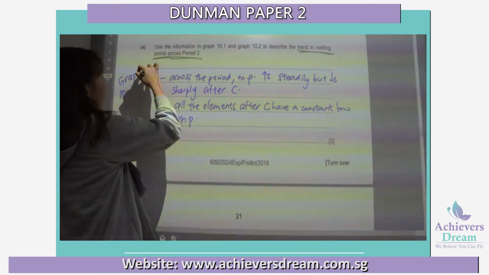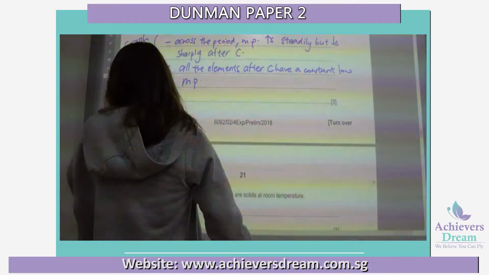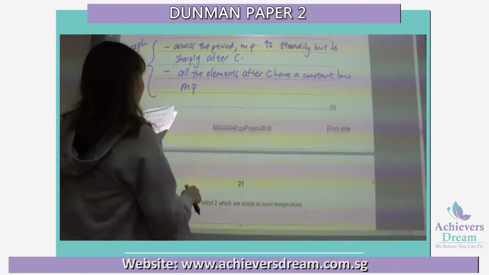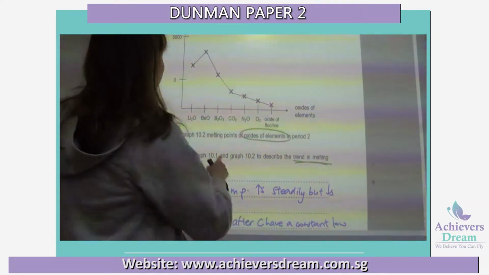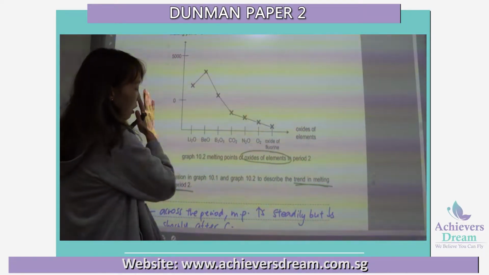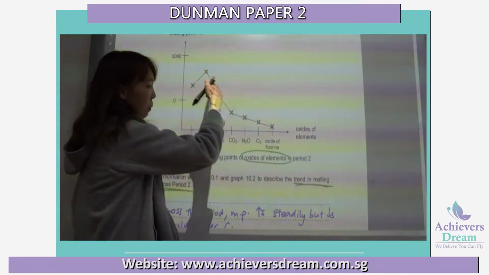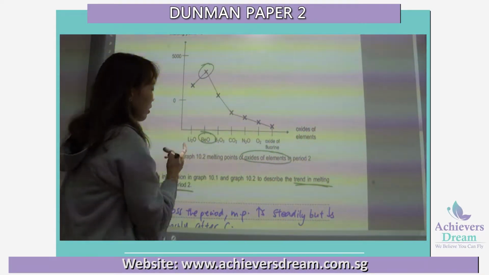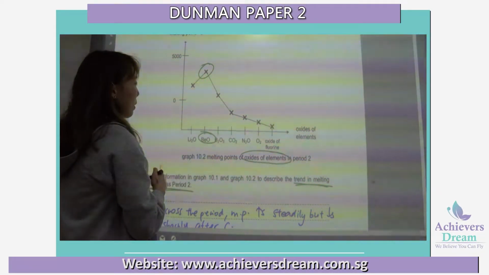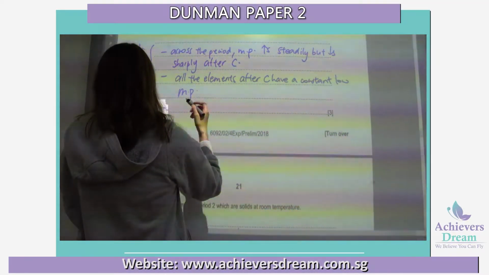Okay, then now, from graph 10.2, what is the trend? Let's look at graph 10.2. What is the general trend of the melting point? Across the period 2, there is a general decrease in melting point, correct? Except for this beryllium oxide, it is your anomaly. So again, first you write the general trend.